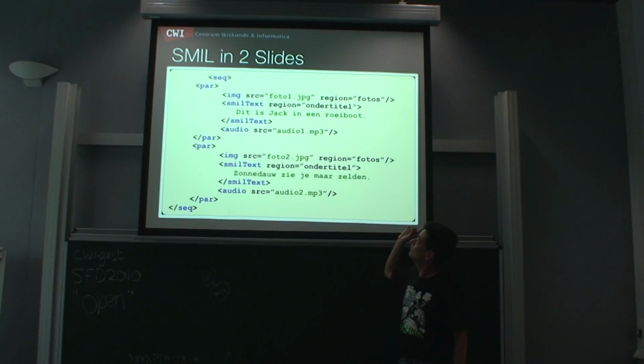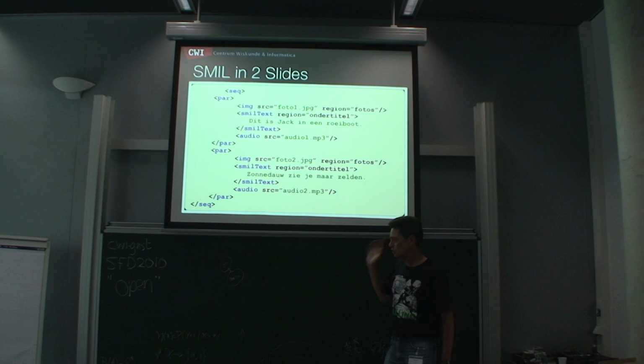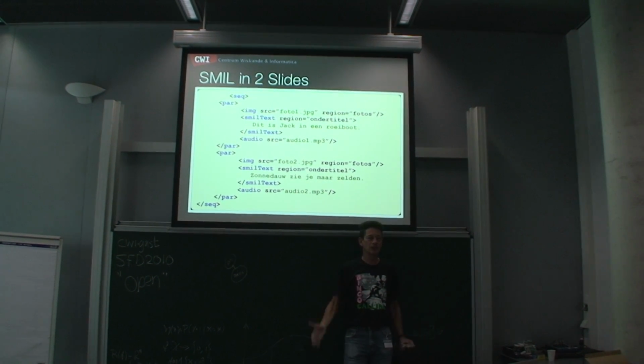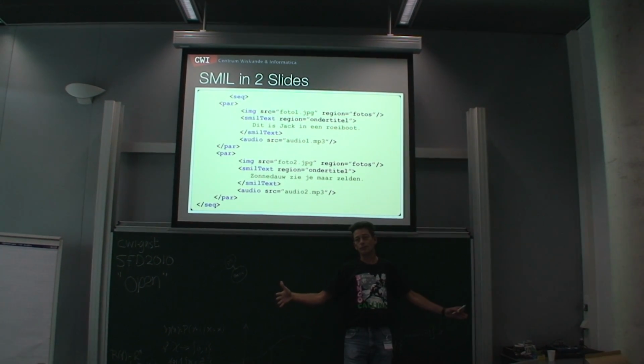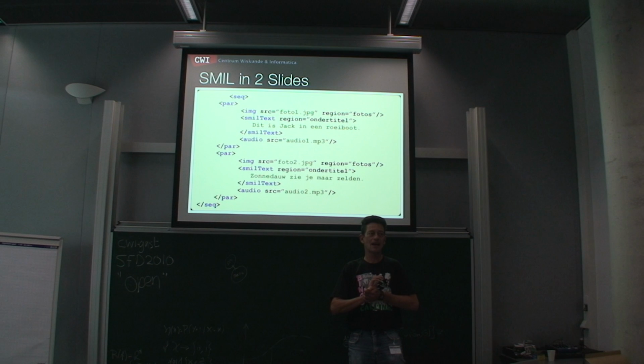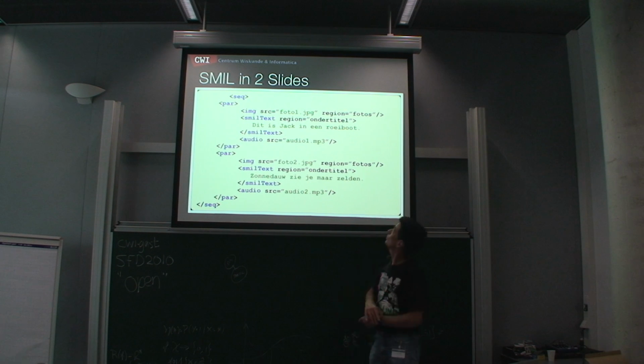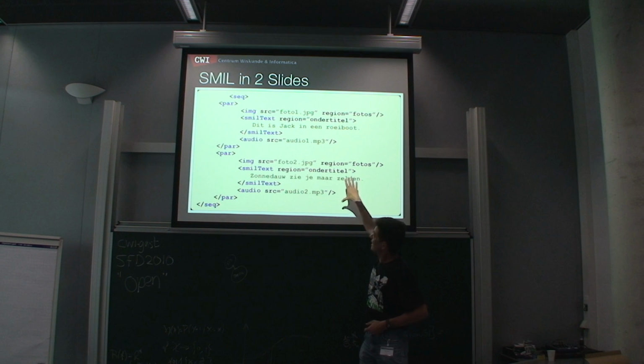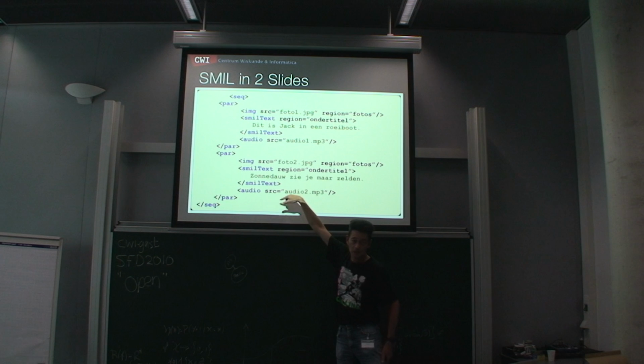The nice thing of using this model to do a multimedia presentation, compared to the more standard model, which is a timeline. The timeline is static, and that has a disadvantage. So let's say that I have this slideshow. It knows that these items are played in parallel.